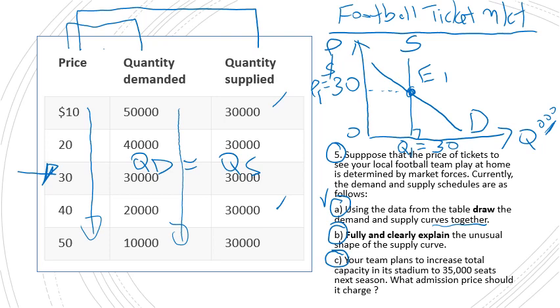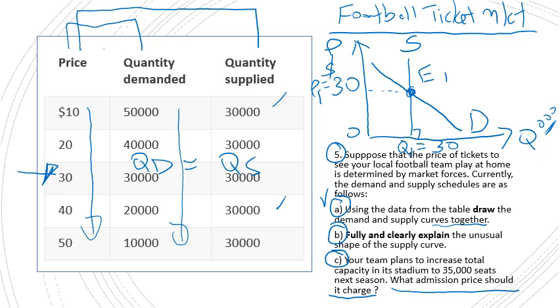In C, you're given a scenario. Your team plans to increase total capacity in its stadium to 35,000 seats next season. What admission price should it charge?